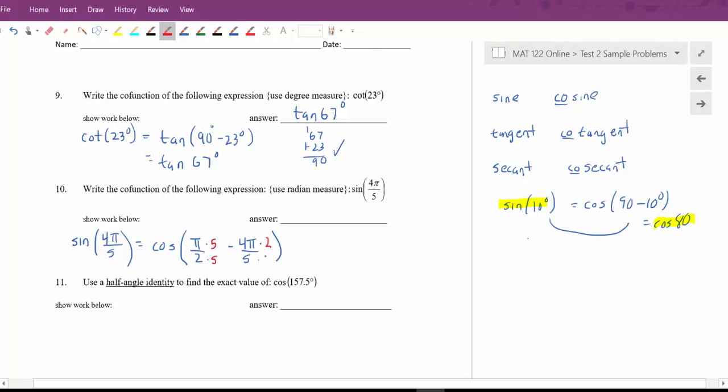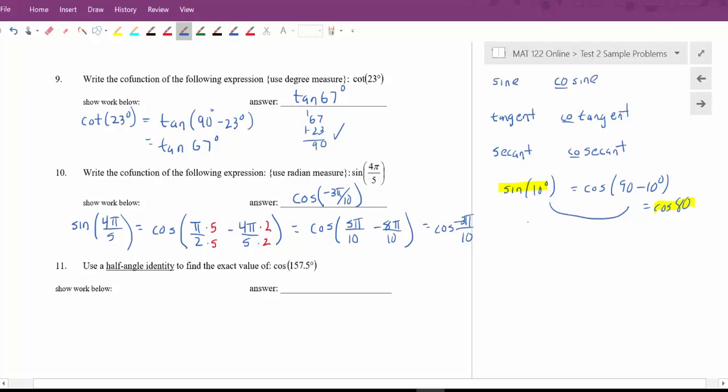This needs to be multiplied by 2 over 2. So what you're going to get is the cosine of 5 pi over 10 minus 8 pi over 10, I think. And that's going to be the cosine of negative 3 pi over 10. And it's fine if you get a negative answer. There's not a thing wrong with that. So that would be your solution to your problem. Just be sure that you have everything simplified.